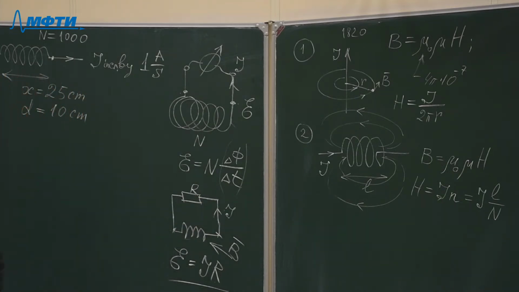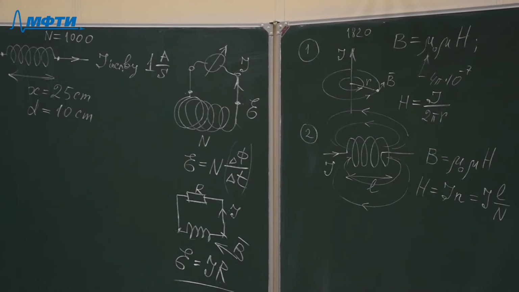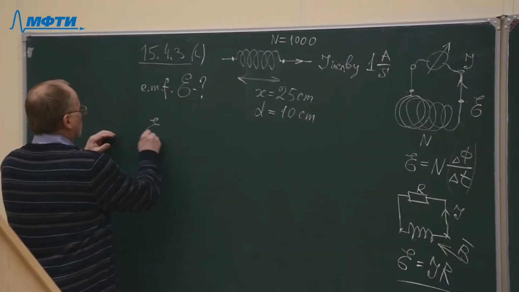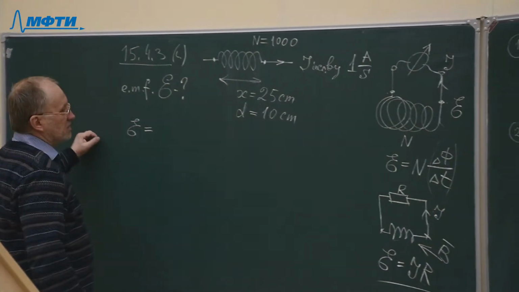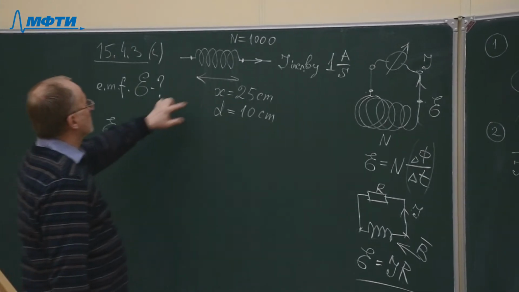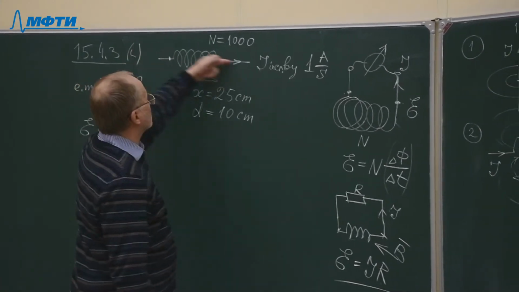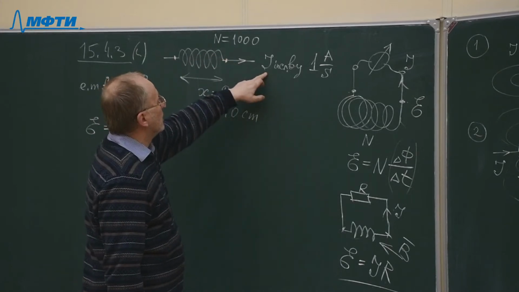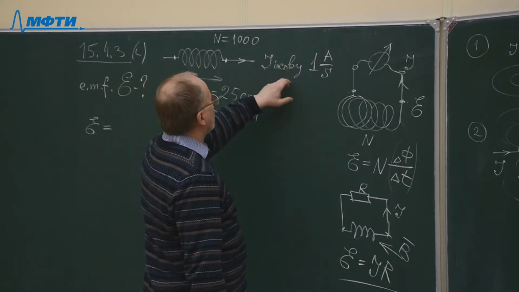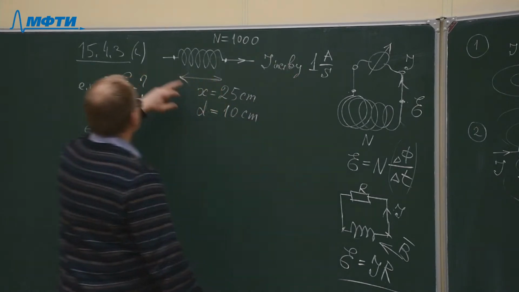So after all these comments, we may solve this problem easily. We must calculate the electromotive force in this coil if the current flowing through the coil is changing. It's increasing by 1 ampere per second.